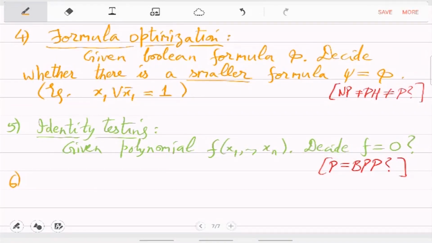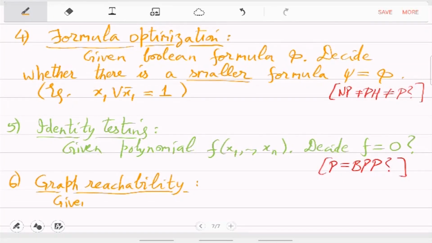Okay. Next is the question of graph reachability. As the name suggests, you are given a graph G and two vertices, source S and target T, and very little computing space.